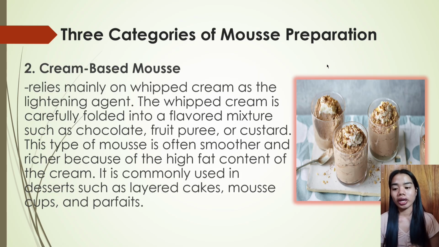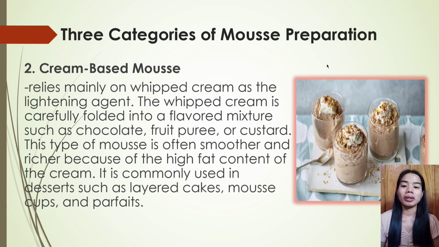And we can also have cream-based mousse. From the word itself, syempre, cream po or yung whipped cream po yung ginagamit natin. Diba, kapag sa paggawa natin ng cakes, kapag tinatamad tayo na gumamit ng egg sa ating icing, pwede na tayong kumuha, or mostly na ginagamit nila ngayon is yung cream base.